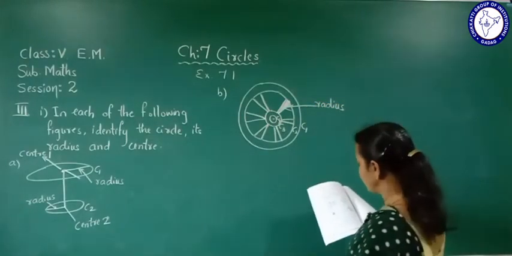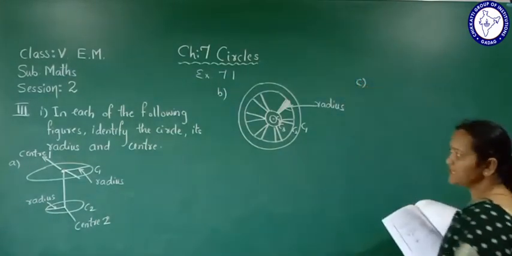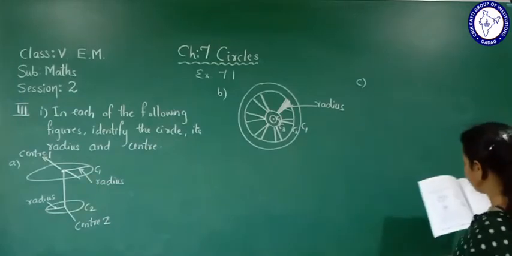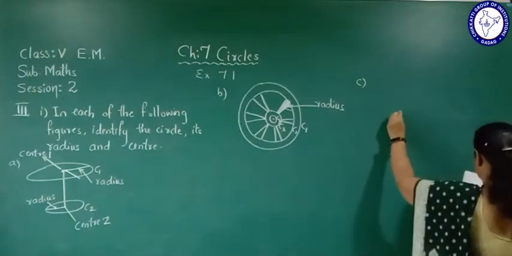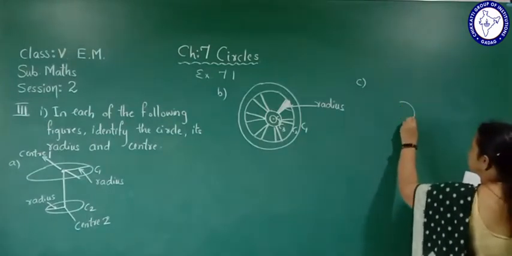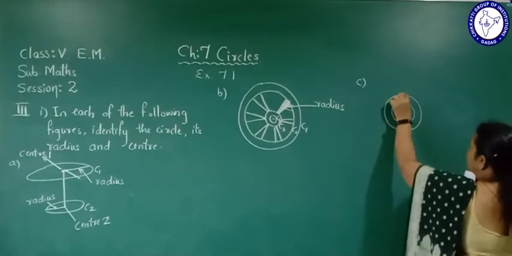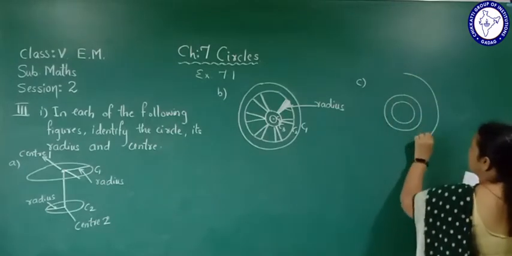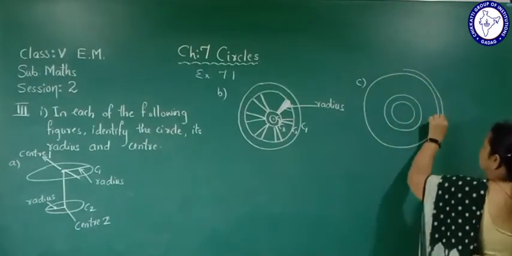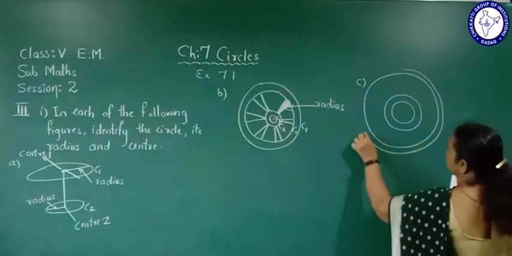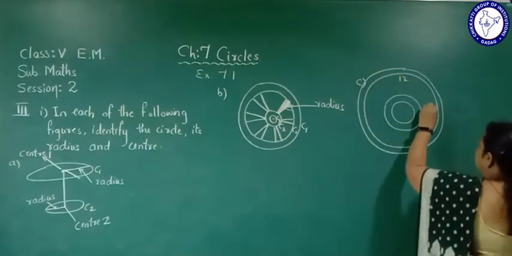Then C question, we find one clock where we have 4 circles. So one small circle, then another circle, then one big circle and again one circle, where some numbers are written.